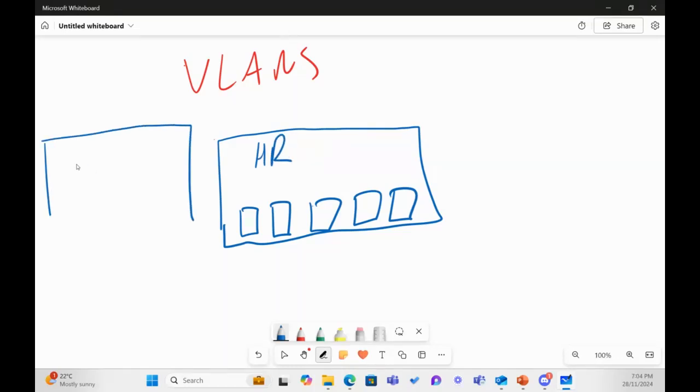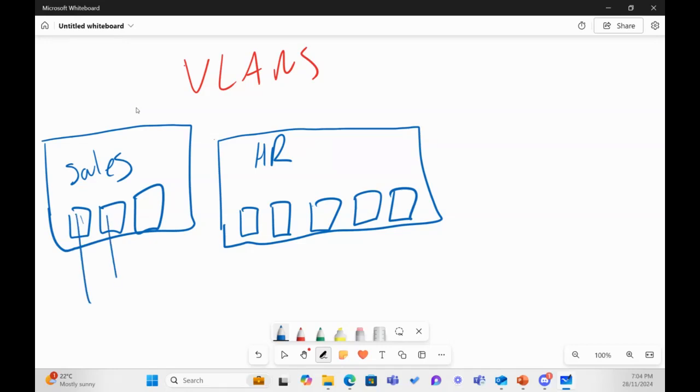And say we've got the sales team over here. That's two switches, okay? There are two different teams. They're connected to two different laptops or computers, two sets of computers. Connection there, connection there, connection there. Same here.